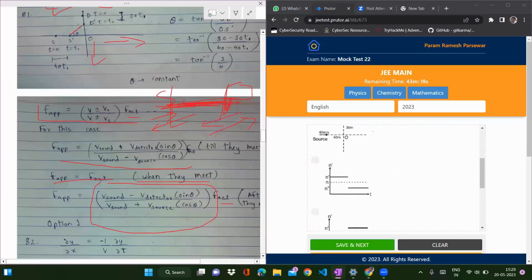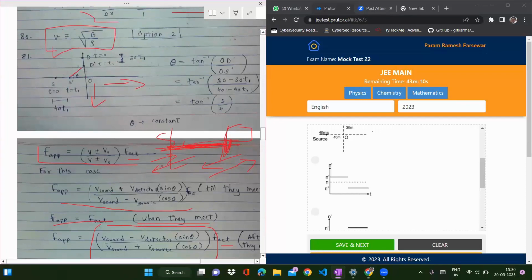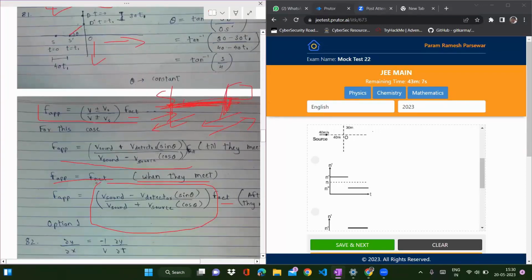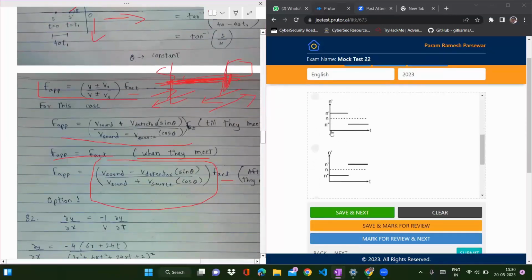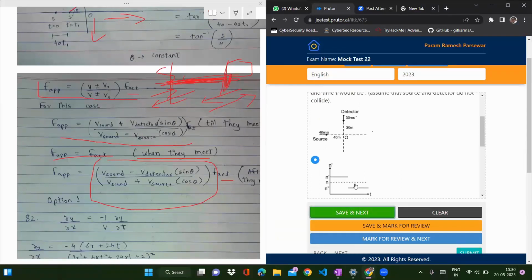So firstly, the frequency is higher for some time, then at t equals some t2, when they meet at this point O, the f apparent is equal to f actual, and then f apparent is lower. So the graph which is correct is option 1, as here n dash is some higher frequency than n, which will be constant. Then at just one instant, it will be n, and after that it will instantaneously change to n double dash, which will be lower than n. So option 1 is the correct answer.